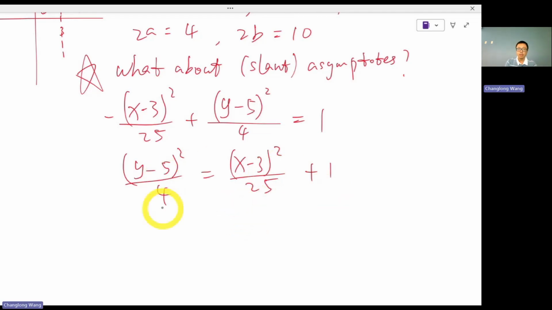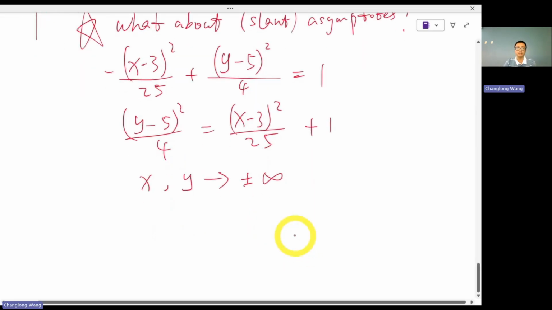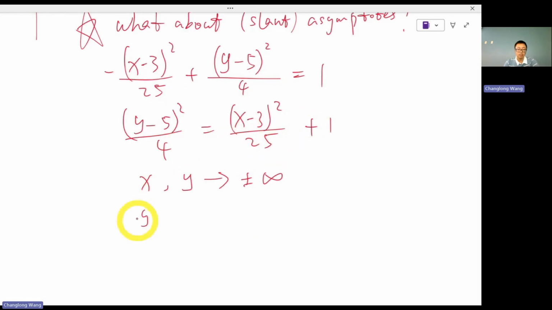So now let's say x and y are big. How big is that? Well, however big you want, right? So plus or minus infinity. By assuming that, we can drop the 1, right? So all we have to look at is (y minus 5) squared over 4 equals (x minus 3) squared over 25.